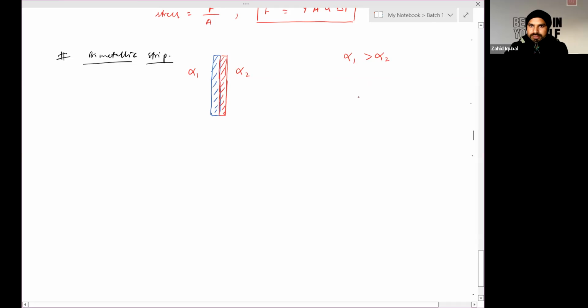So you can say alpha is proportional to elongation as well as compression, both on increasing temperature and on decreasing temperature.